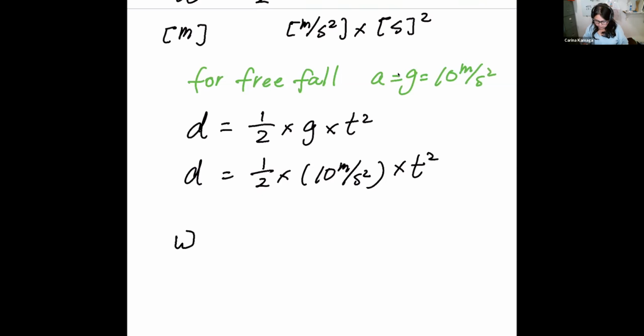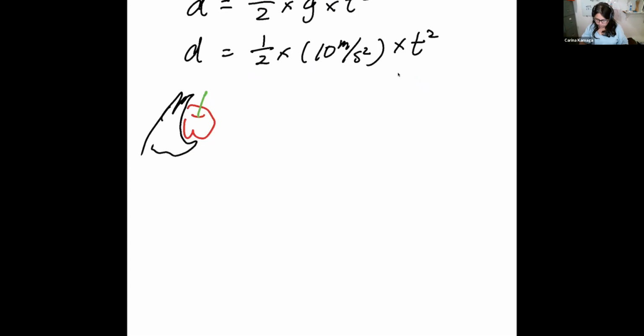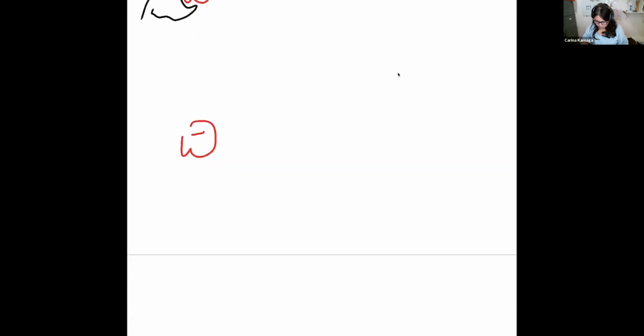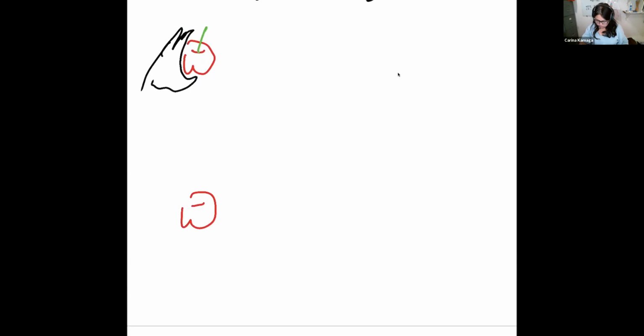So again, we said there is this apple here, and this apple is let go, it's dropped. So it fell after, what was it, 0.5 seconds?